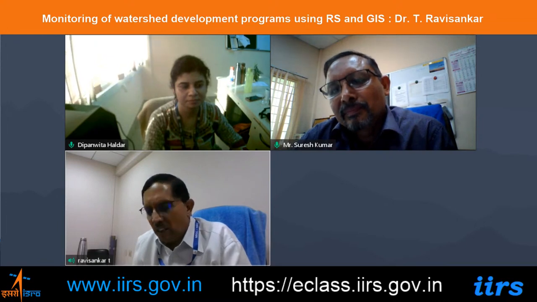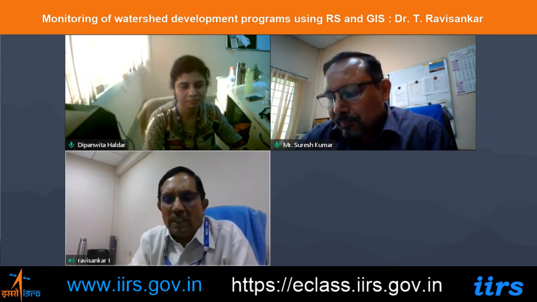Okay, the question on ideas for ridge area treatment: how remote sensing data helps when various conservation measures are taken at the ground level, in ridge area or drainage area treatment and stream drainage treatment. In remote sensing, you can identify the highest point in the watershed. Ridge is nothing but the highest point, and the lowest point is where the water goes out.